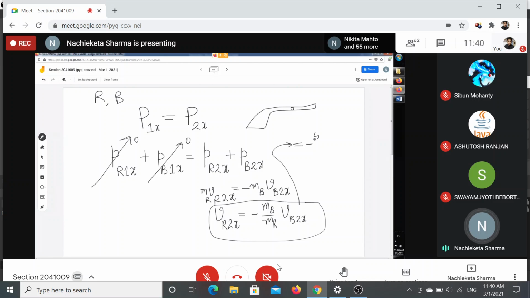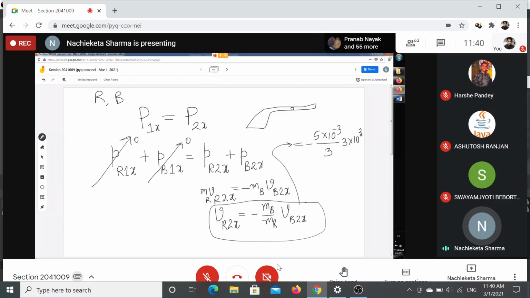You have to express it in kg, so 5 into 10 to the power minus 3 kg. And what is the mass of the gun? It is 3 kg. And what is the velocity of the bullet? 300 meter per second, so I will write 300 as 3 into 10 to the power 2.